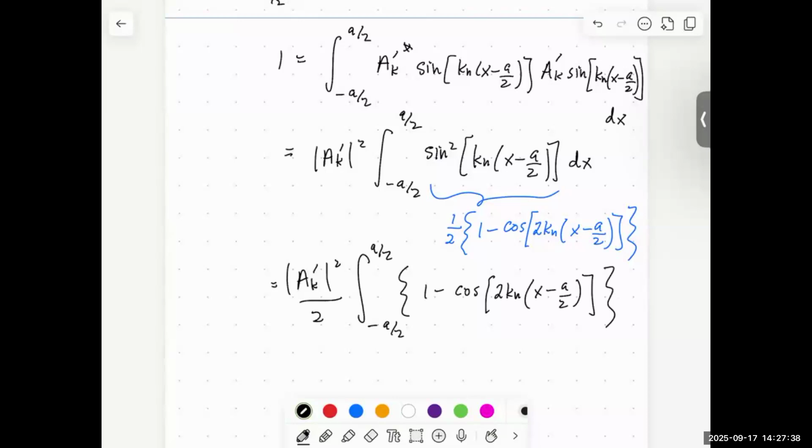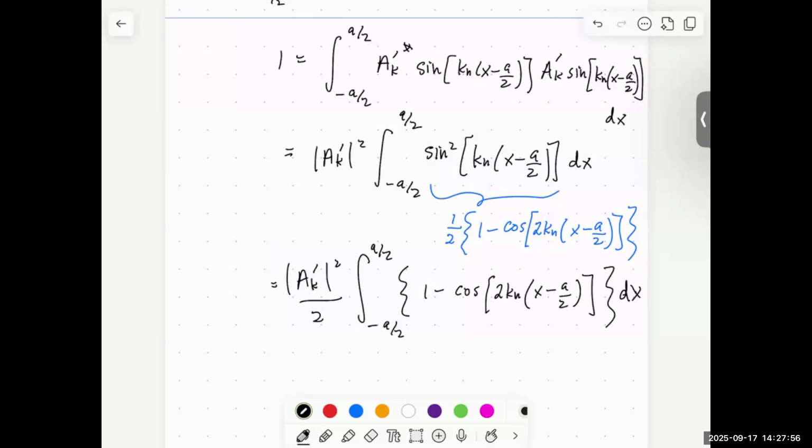So this is not so bad. We can do this integral. The 1 is going to integrate to an x, and the cos is going to bring out a factor of 1 over 2k, but then this is going to turn into a sine.